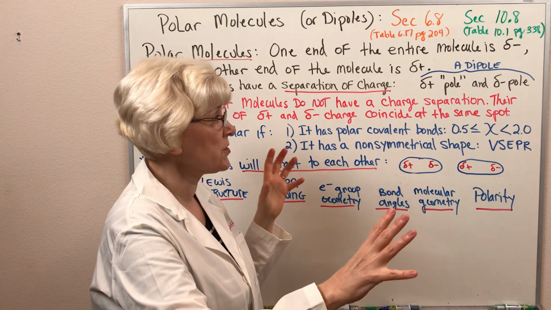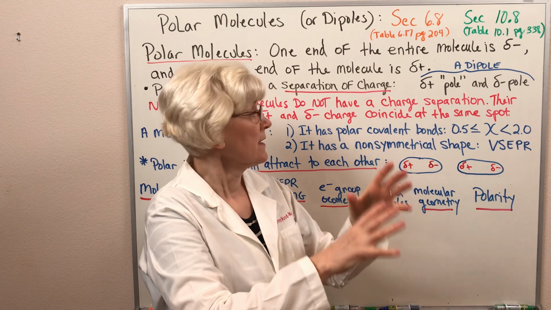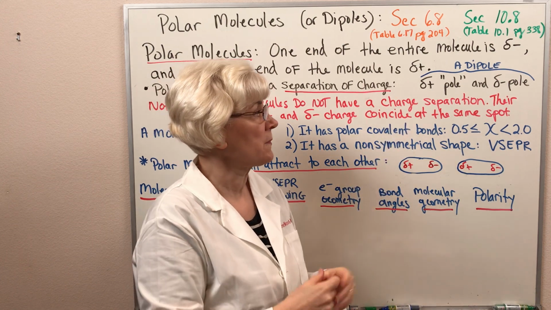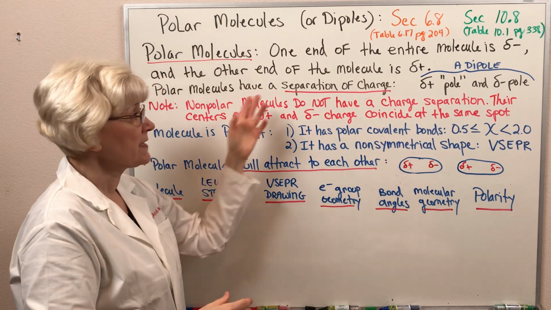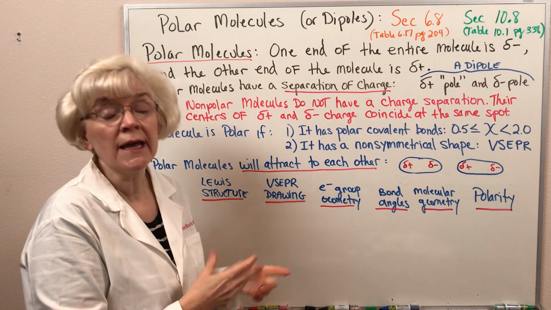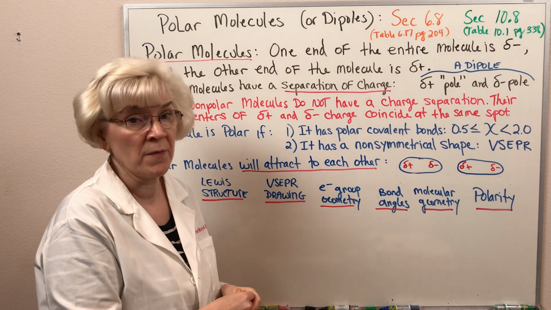So notice these two ends, that's linking us to the prefix di. These two ends act like two poles here, a partial positive pole and a partial negative pole. There can be differences in the magnitude of the separation of charge, and this can be measured by something called a dipole moment.